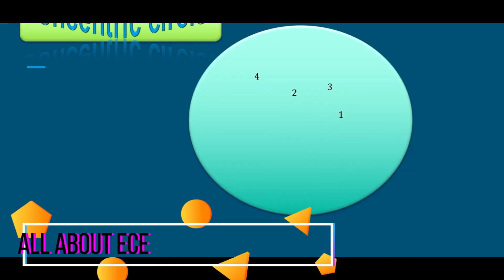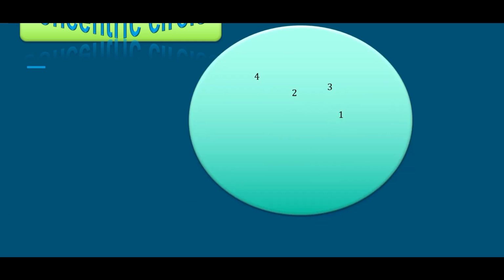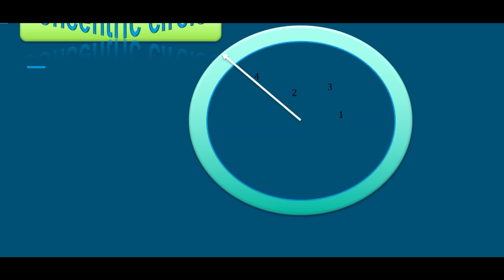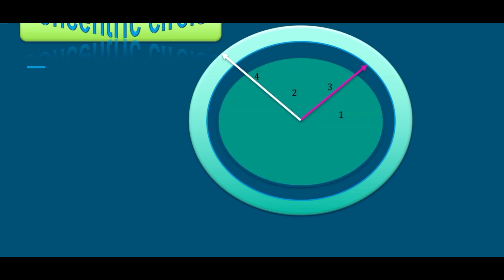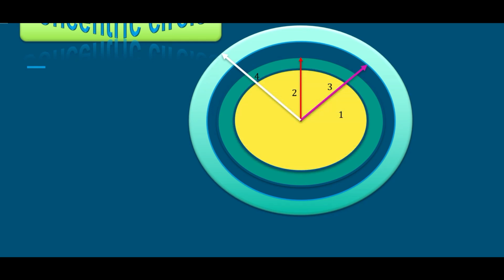If you have one big circle with a radius of 4, and inside it another circle with the same center having a radius of 3, another circle with the same center having a radius of 2, and another circle of radius 1 within that, all the circles have the same center but different radii. This type of circles are called concentric circles.